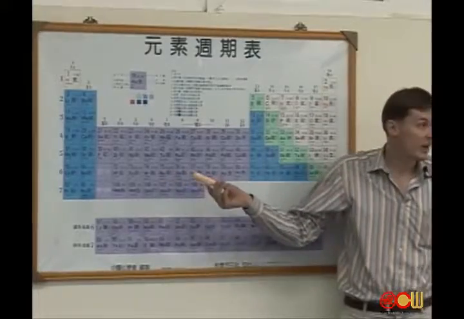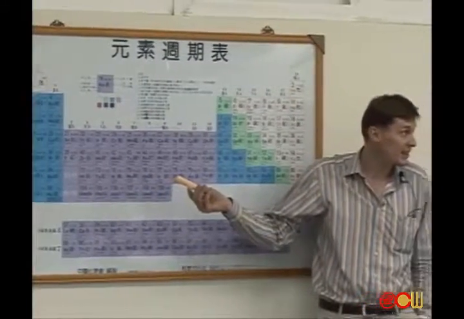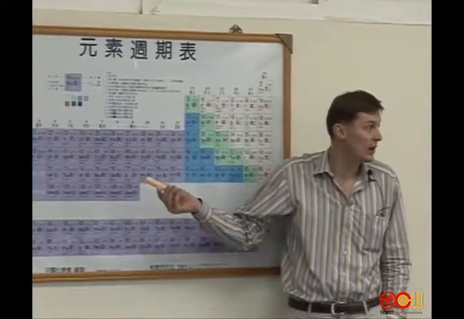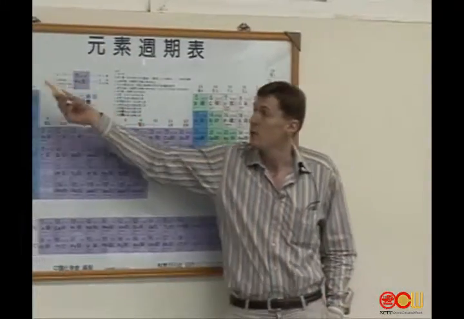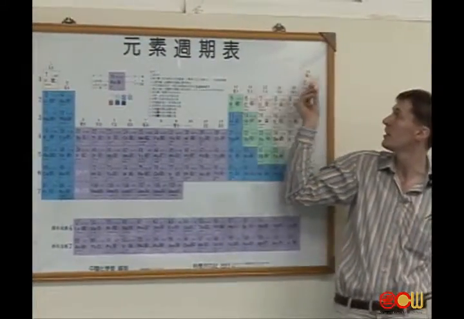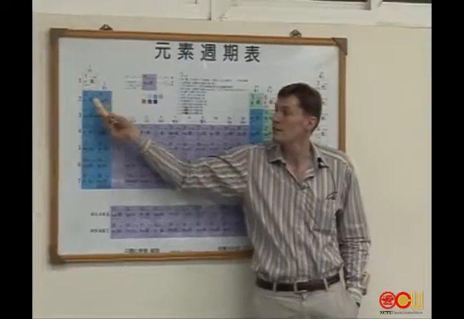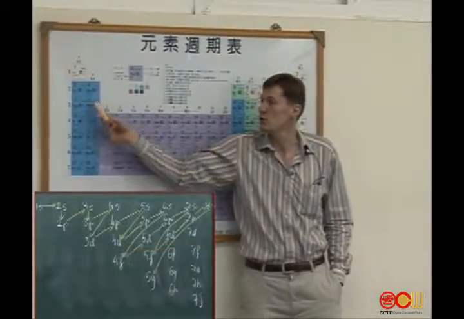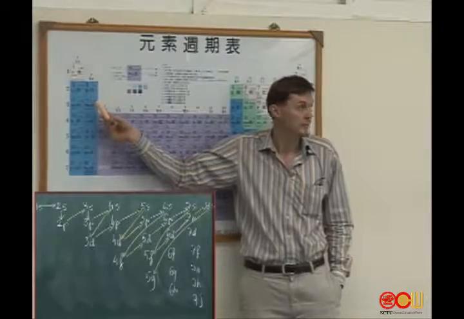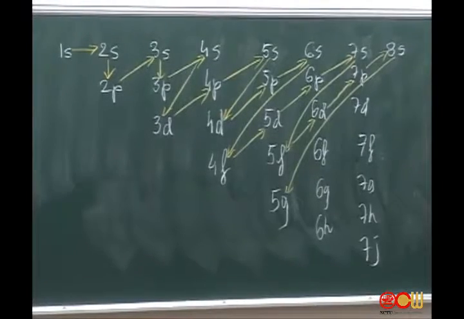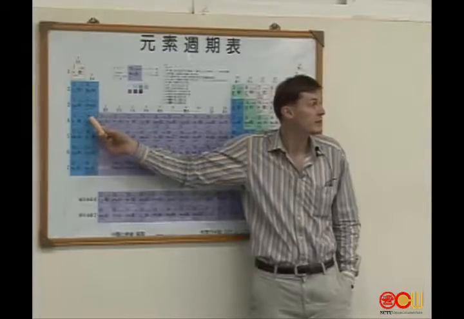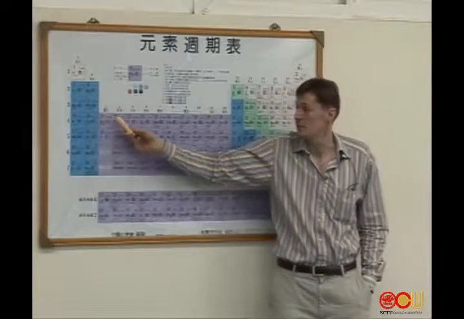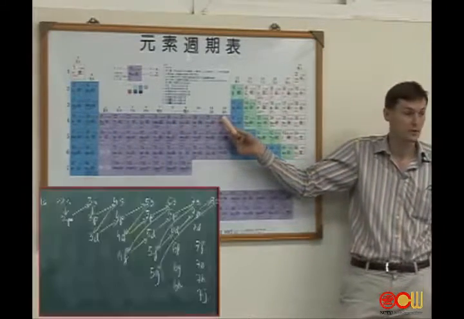By the way, the structure of this period goes exactly the same as the yellow line there. So we have 1s, then we go to 2s, then 2p, then 3s, then 3p, then we jump to 4s. After 4s there is d. That's why there are d orbitals here.